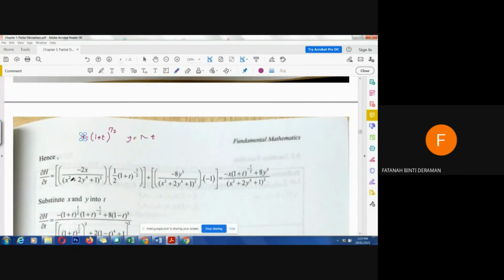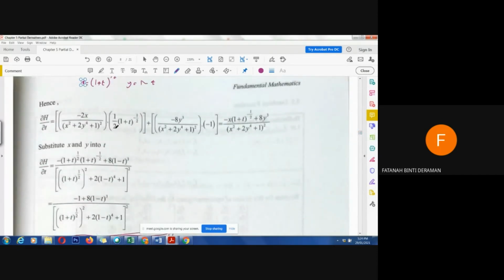We put x and y into the equation and get this term. It is easier to simplify first and then substitute.